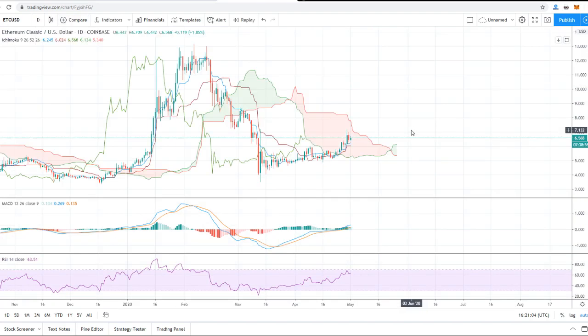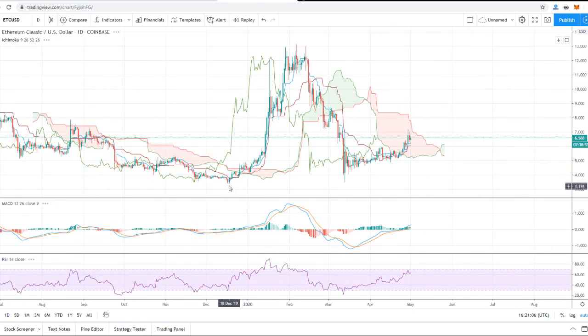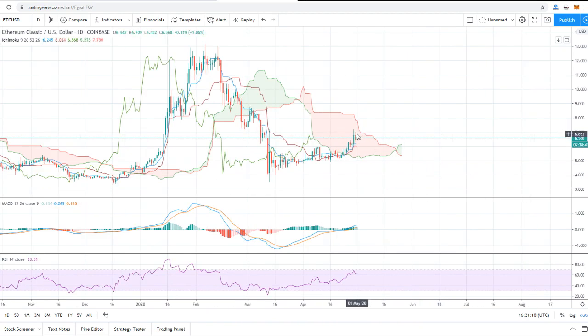Before I end this video, let's take a look at the Coinbase chart of Ethereum Classic. So we went from $3.4 and we had a hell of a run. We reached almost $13. Then we went down to the same levels. Now we are going up, and I think we will go up again because in terms of dollars, if the Bitcoin goes up, the Ethereum Classic will also go up.